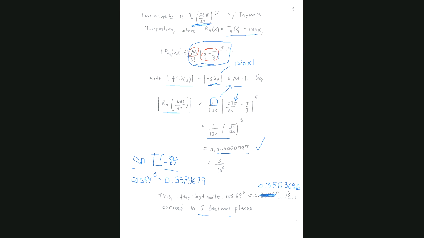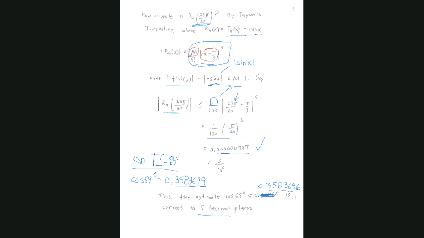I've got to be a little bit careful here. Oh, okay, I'm liking this, because if you round the calculator answer of 0.3583679 to 5 decimal places, you're going to get 0.35836.